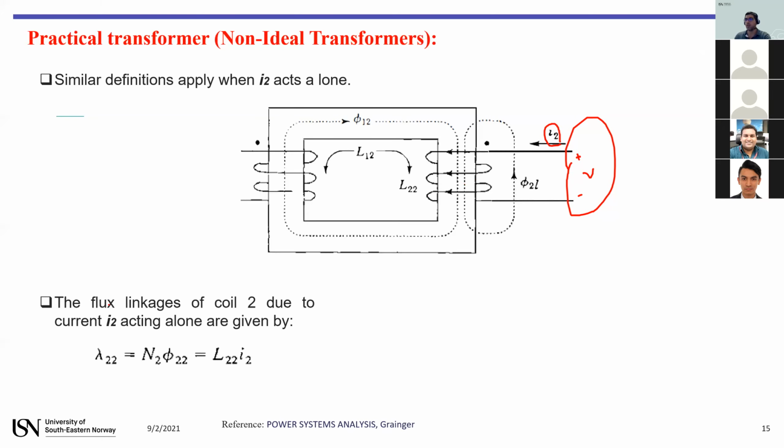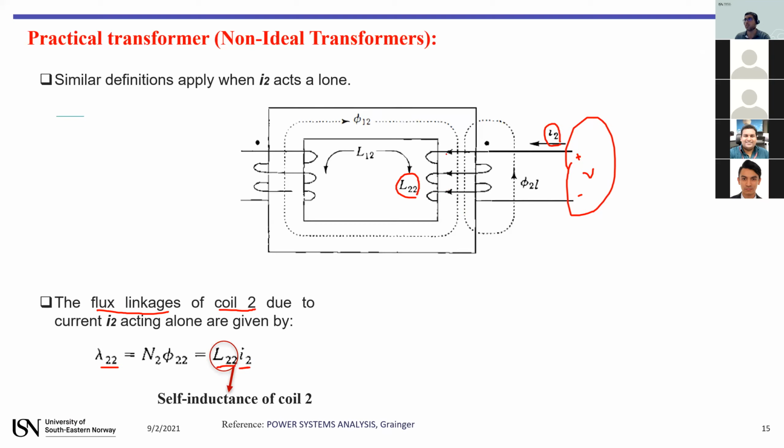For the secondary winding, as I explained for the primary winding, the flux linkage of the second coil, lambda 2 2, is equal to L22 times I2, where L22 is the self-inductance of coil 2.